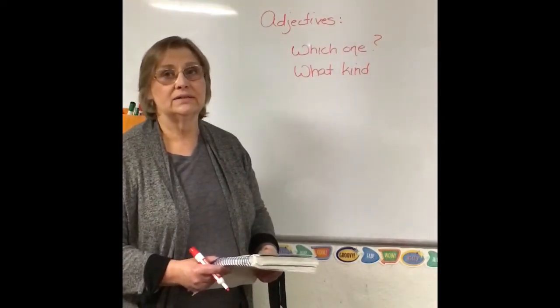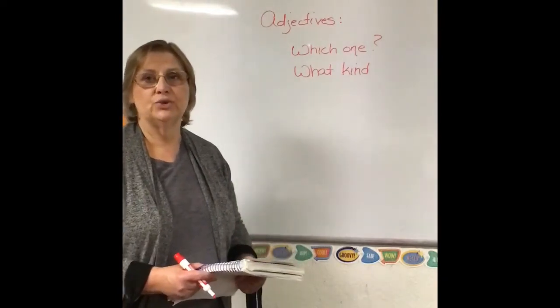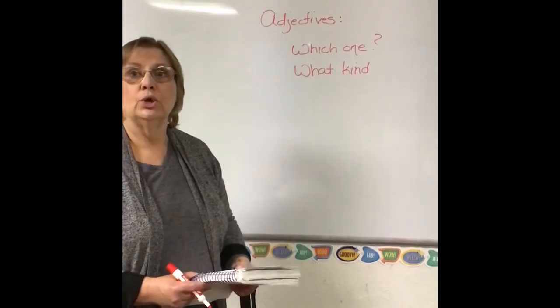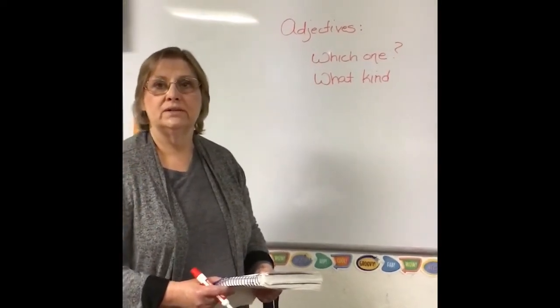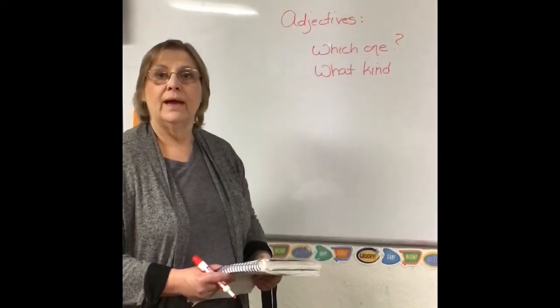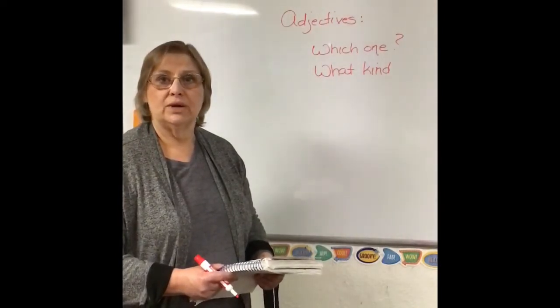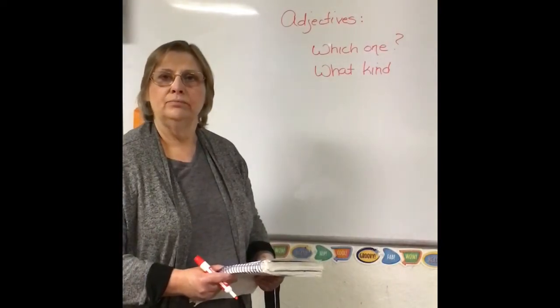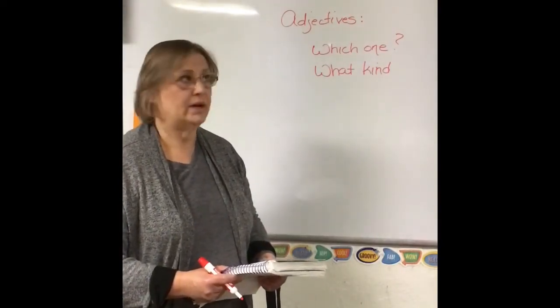When looking in a sentence, always find your verb first. Then ask the question, who or what, to find your subject. That's your noun. When you find that subject, find out what words modify that subject.